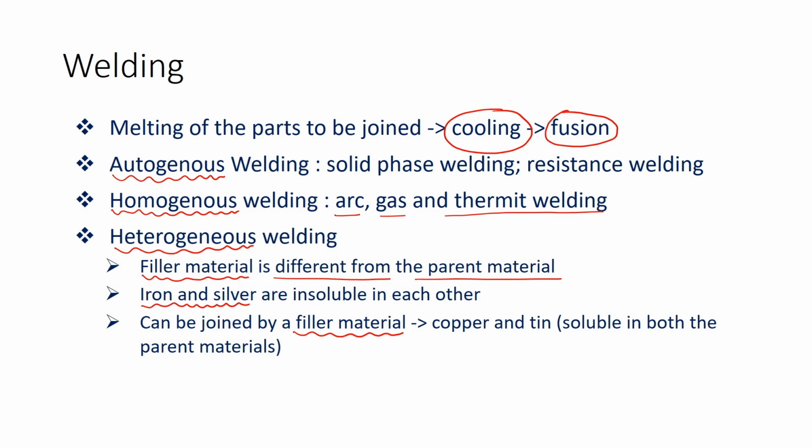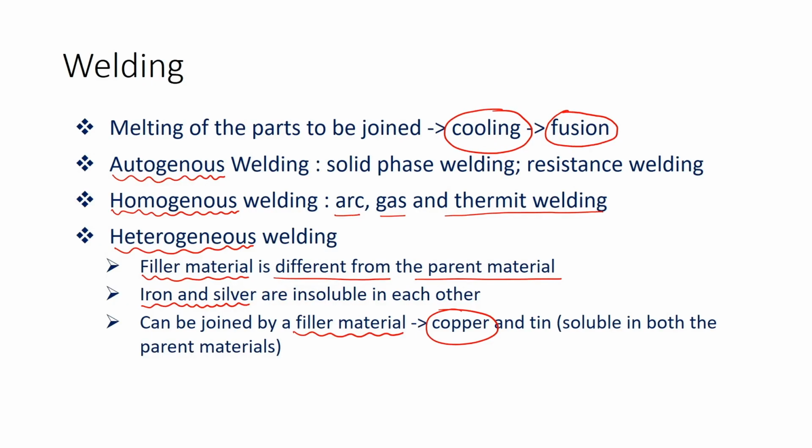The filler material should be soluble in both the parent materials. So, here we can have an option of copper and tin. Copper and tin are both soluble in iron and silver.